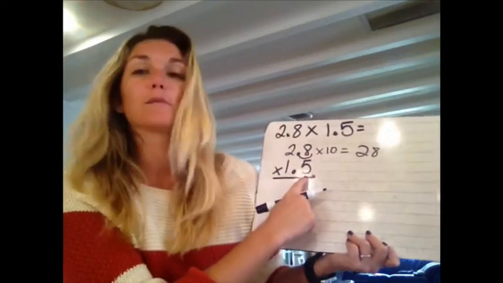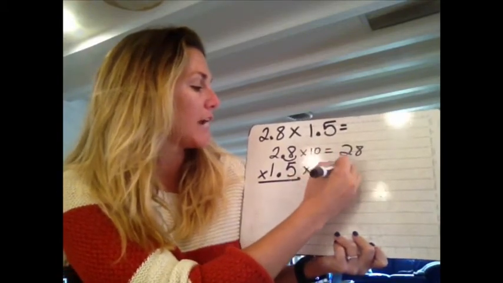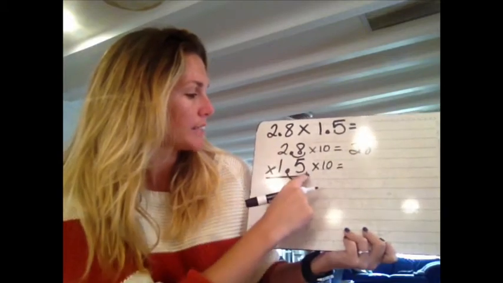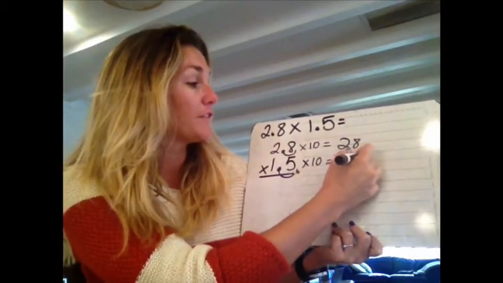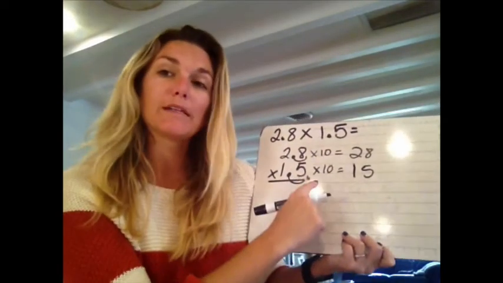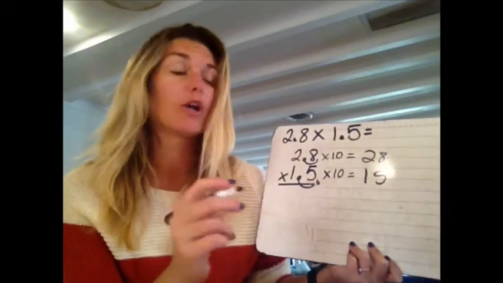I have 1 digit to the right of the decimal, so I'm only going to multiply it by 1 power of 10. That would move my decimal point 1 place to the right, and I would be left with 15. My decimal moves 1 place value over, so each of my digits gets 1 place value larger.